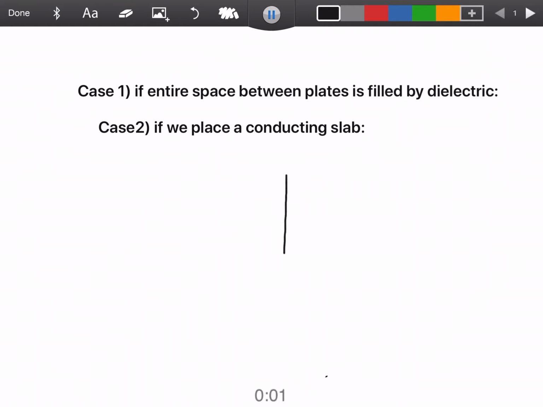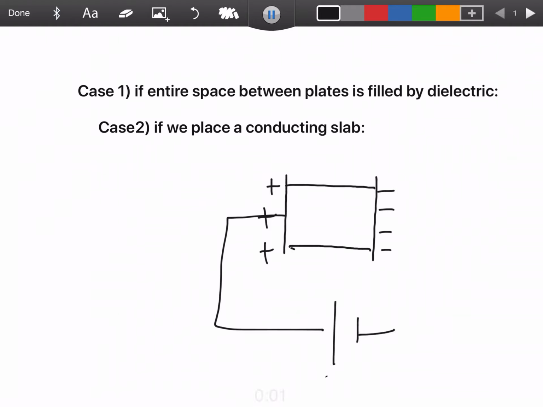Now, when the space between two plates is filled with a conducting slab, it simply means that charge will go to plate A, and the separation between A and B is filled by a conducting material.